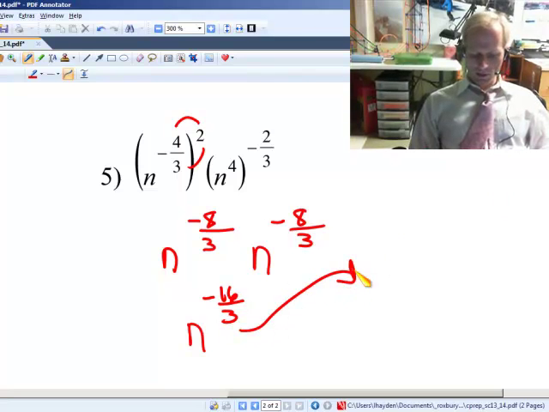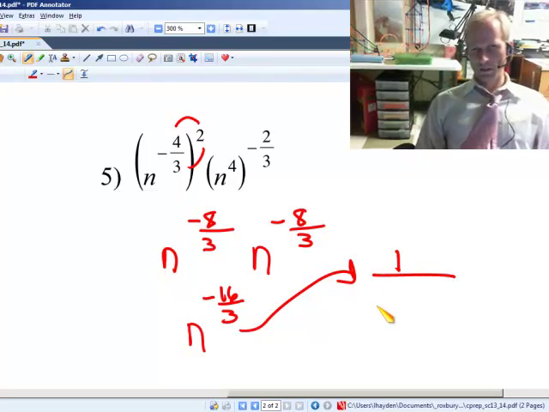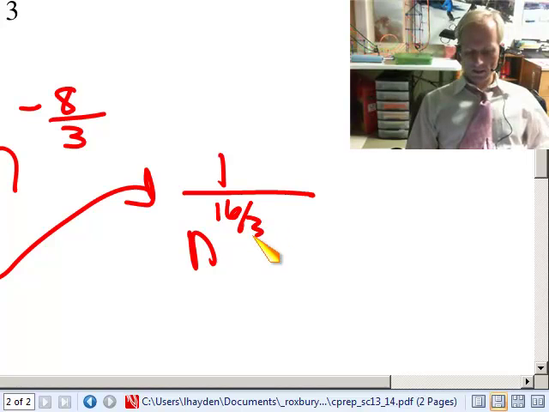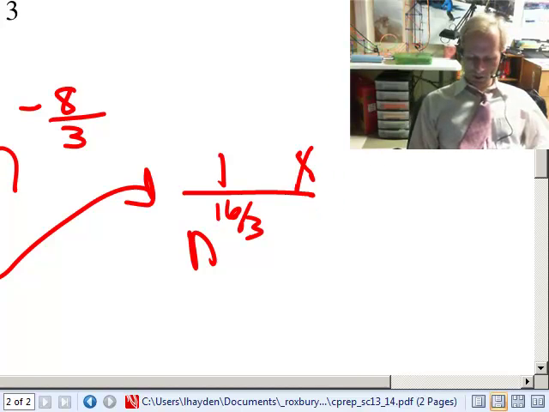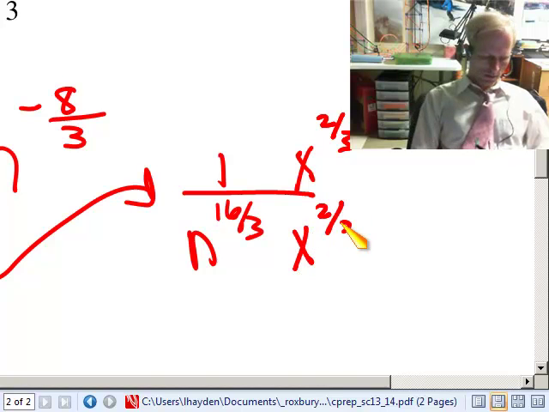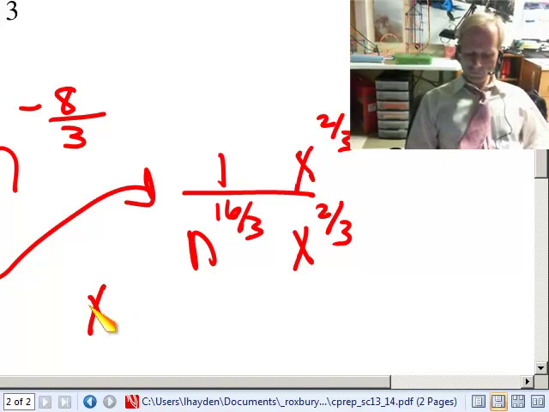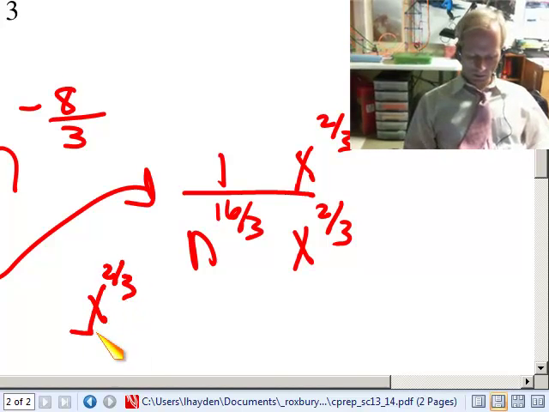That gives me 1 over n to the 16/3. Now, the next biggest integer will be 18/3. What do I add to 16/3 to get 18/3, or 6? I need to add 2/3. So I multiply by x to the 2/3 over x to the 2/3, and that gives me x to the 2/3 over x to the 18/3, which is x to the 6th. And that's it.